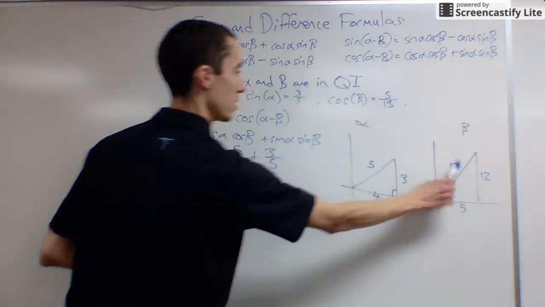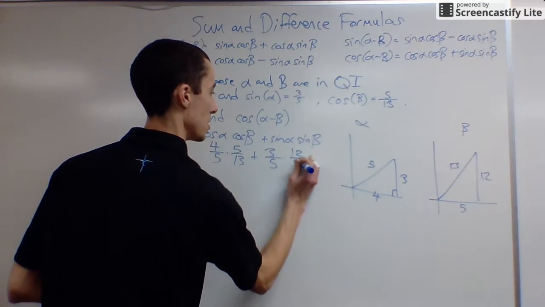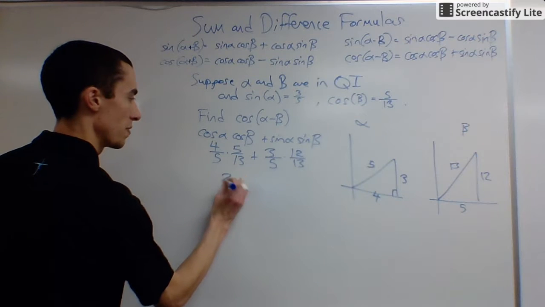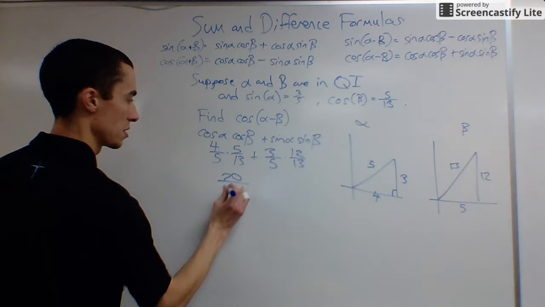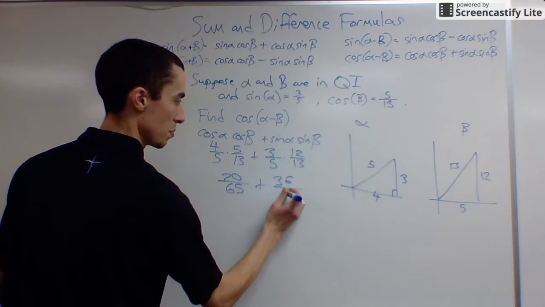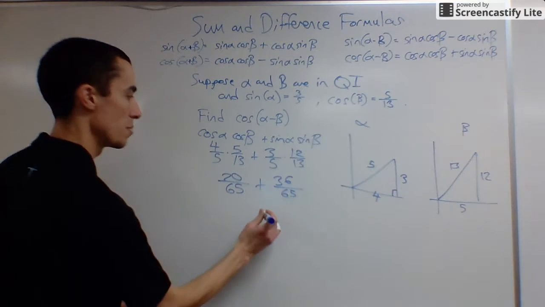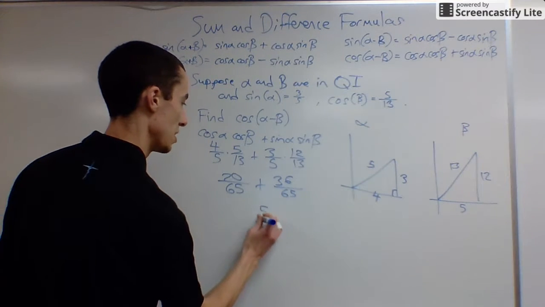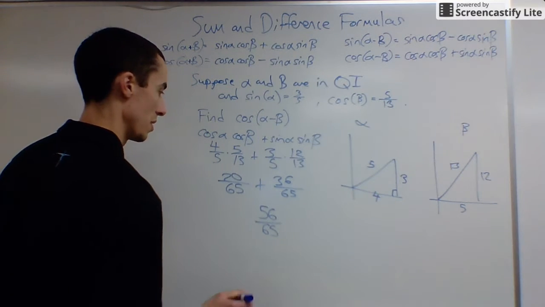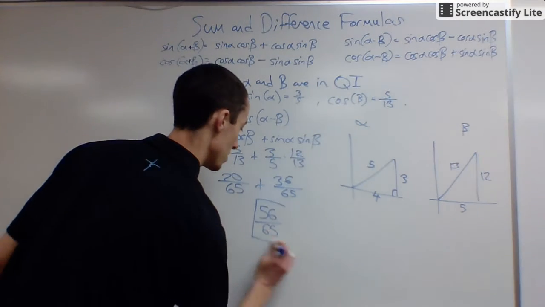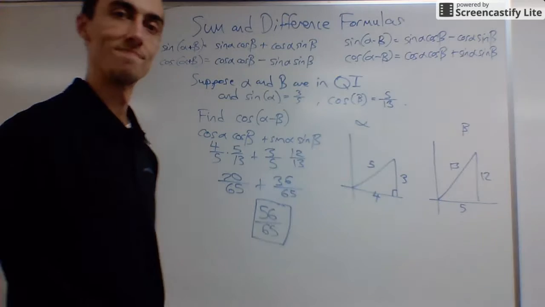And the sine of beta, which is 12/13. 4 times 5, 5 times 13. Multiply. We've got common denominators, so let's add those together. 20 plus 36 is 56. And so we have 56/65. And that's all.